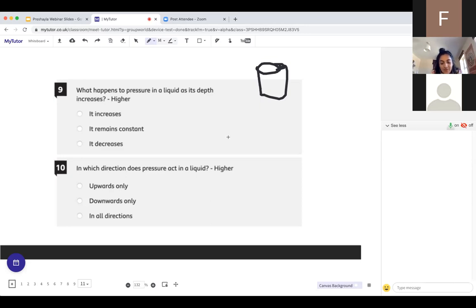So as we get further and further down a container, as depth increases, pressure increases. Okay, so the pressure down here is much higher than the pressure up here. And in which direction does pressure act in a liquid? It acts in all directions.